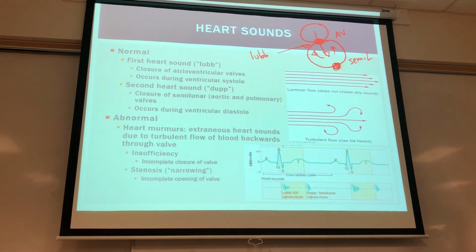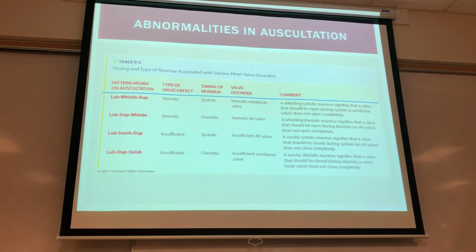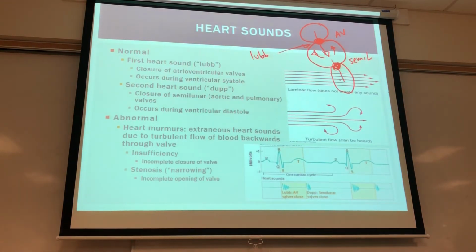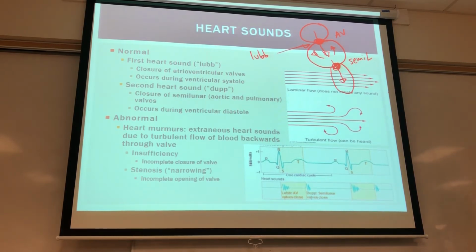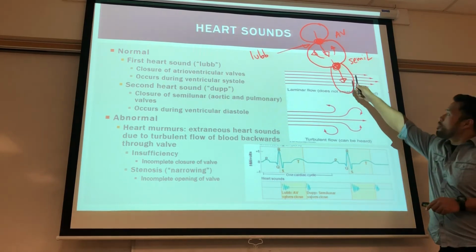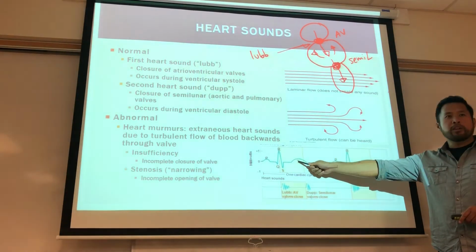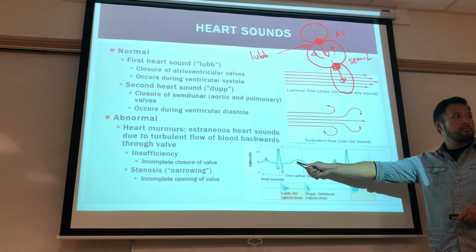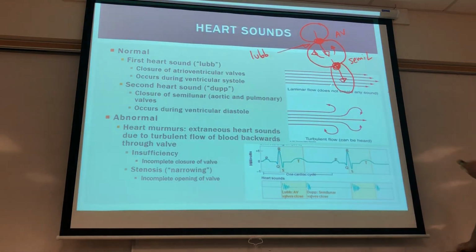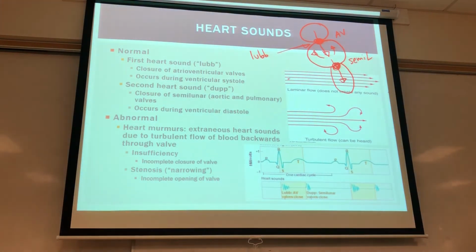The second sound: as we get blood ejecting out, and here's our aorta, blood is being ejected out into the aorta. There shouldn't be any sound in the first place. Blood is flowing normally through. Then, when the ventricle relaxes, which is marked during ventricular repolarization, the aortic valve closes, which is the sound of dub.